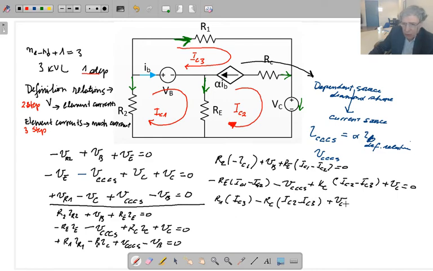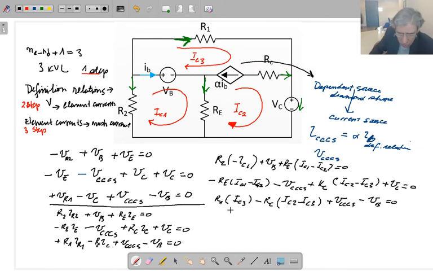Plus V current controlled current source voltage minus VB is equal to 0. Now if you look at these equations, we've got IC1, IC2, IC3 unknowns plus this VCCS.